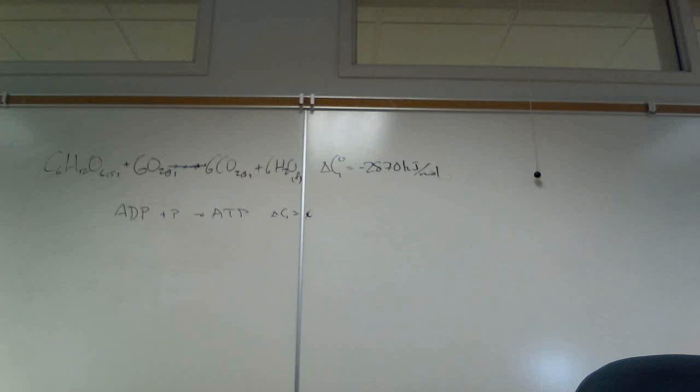This is very long. Under these conditions, we're going to go under non-standard conditions and then calculate delta G. You guys know how to calculate delta G under non-standard conditions, right? Yeah, we use the formula. Delta G under non-standard conditions is equal to delta G under standard conditions.